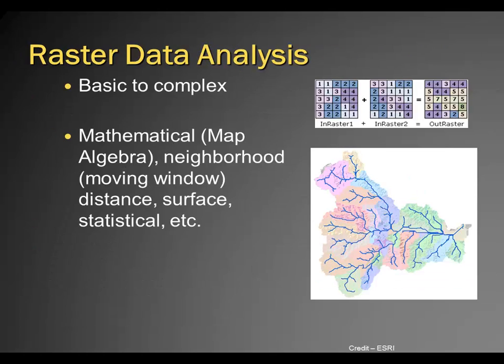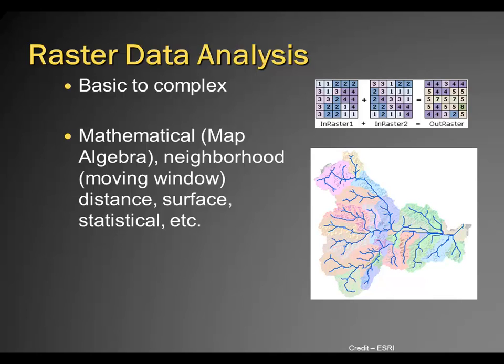The basic data analysis in raster is at its core very simple, but it can get complex conceptually. When you're working with a checkerboard and you're putting that checkerboard together with another checkerboard, you have to deal with all the cells. You can't just pick and choose what you want. When you're putting them together, you have to account for every single cell in the output.